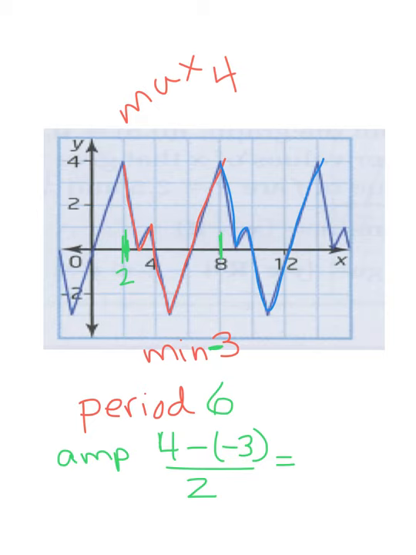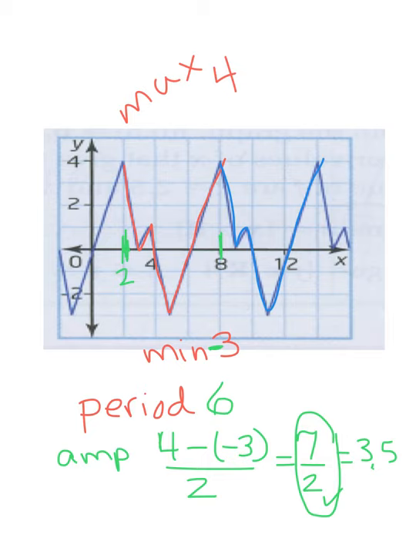So that is a distance of 7 divided by 2. Also, I should mention that the amplitude is always a positive number. It's a distance from the middle of the function. So this is an okay answer. You could put this as an exact decimal, but we usually leave it as a fraction in lowest terms.